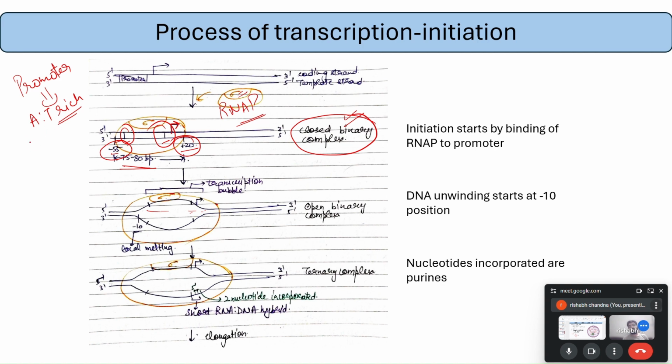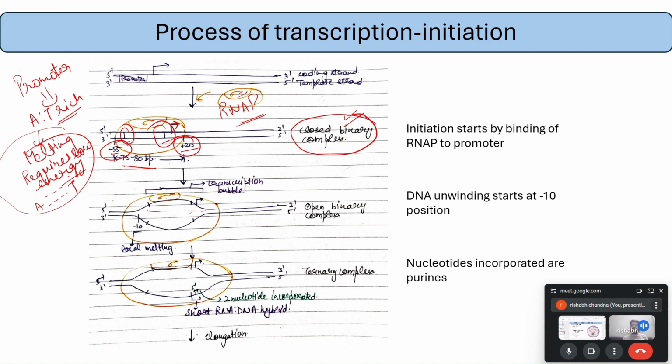Because the melting of this particular region is easy and requires low energy. Why is low energy required? Because only two hydrogen bonds are involved in the complementary base pairing of A and T. If it were GC rich, then it would be difficult for the region to be melted.